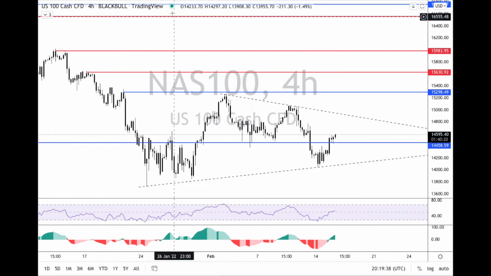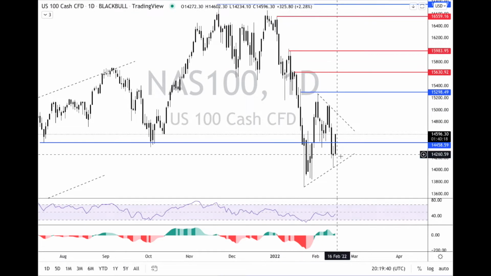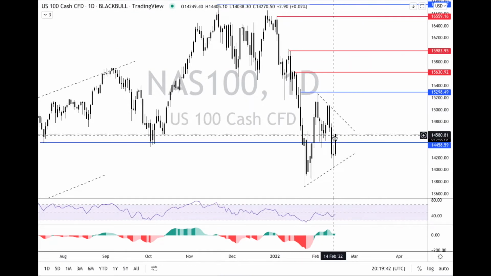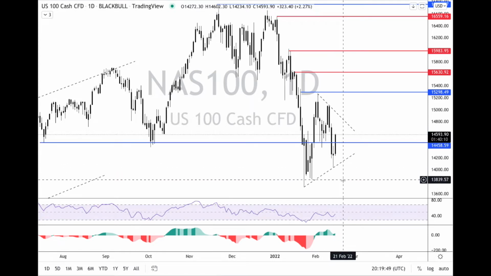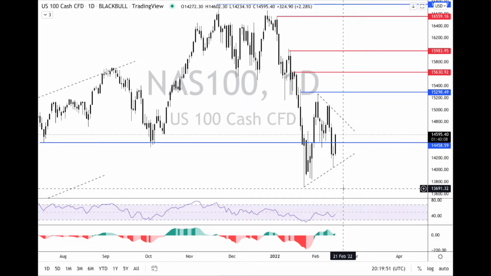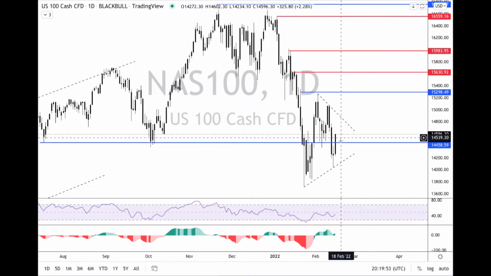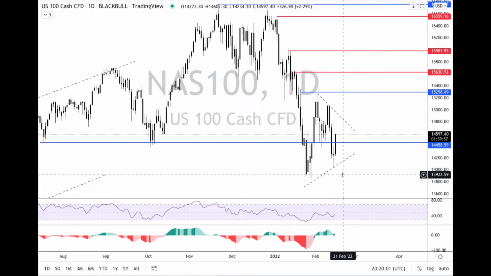Now, if I go to the day and I look at this particular wick over here, I can't see this wick coming all the way back down tomorrow. I can see at least getting down to this level right here, which is 1445, 1446. It's around that region.